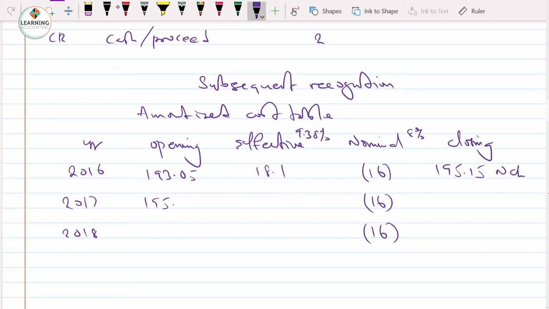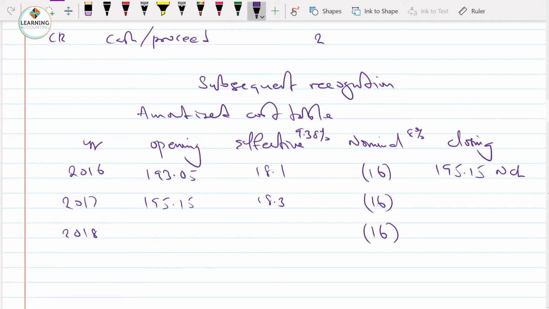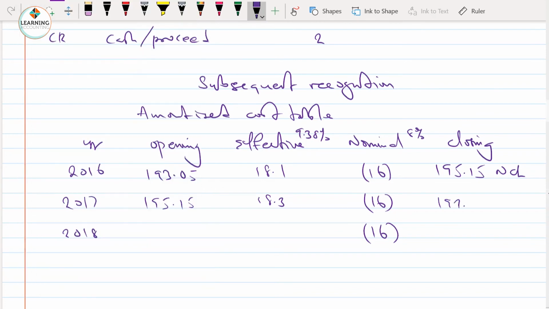So 195.15. We are going to do 0.0938 again, multiplied by 195.15, and that gives us 18.3 approximately, and we have 195.15 plus 18.3 minus 16, and that gives us 197.45.